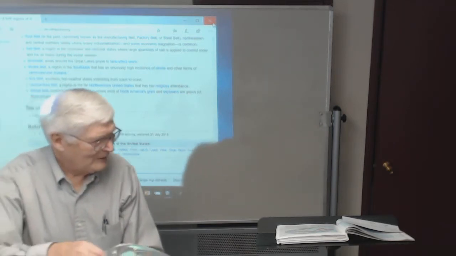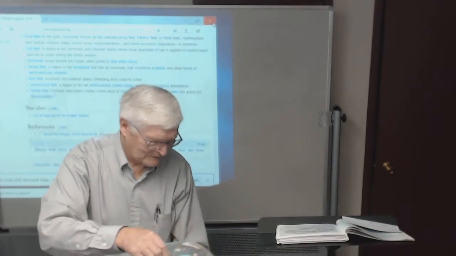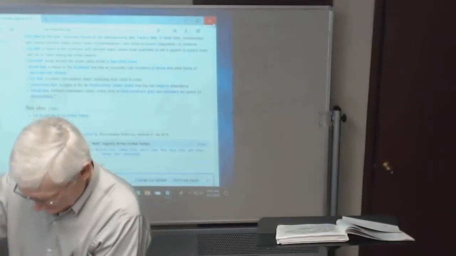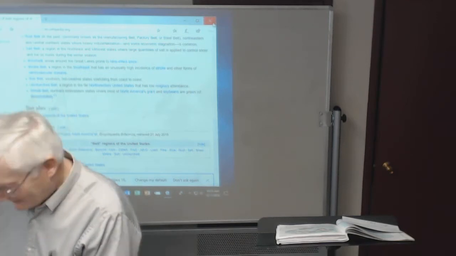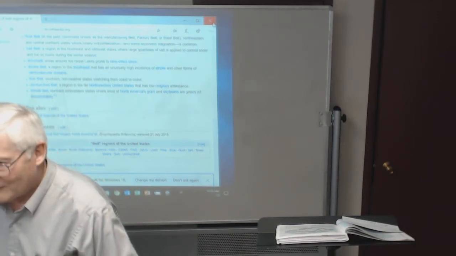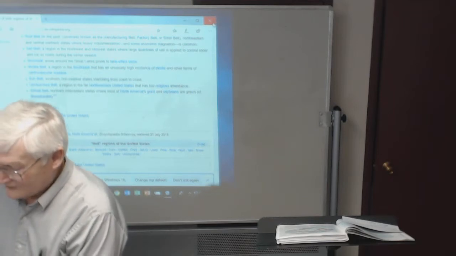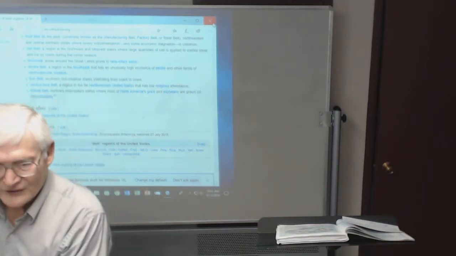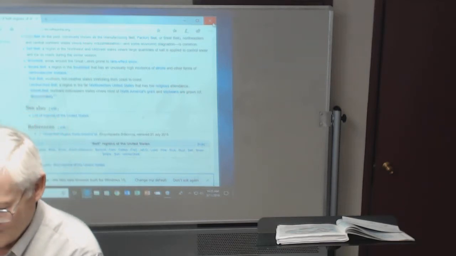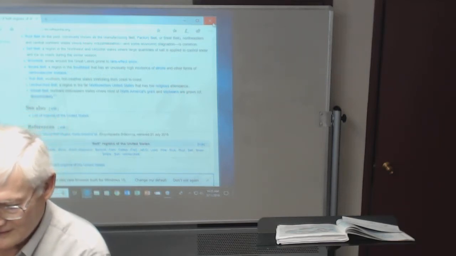Every time you open your book and see a picture of the globe, I want you to say, no, that's no good. I've got a 3D picture right here in front of me that shows these regions of the world. And just looking at this, it shows all the regions that it shows in the book there.